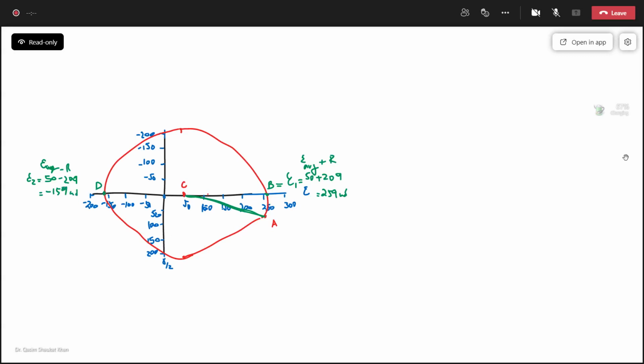Minus 159 microstrains. Now, next is we have to calculate the orientation of the principal plane.